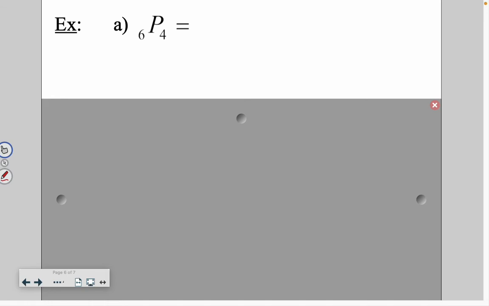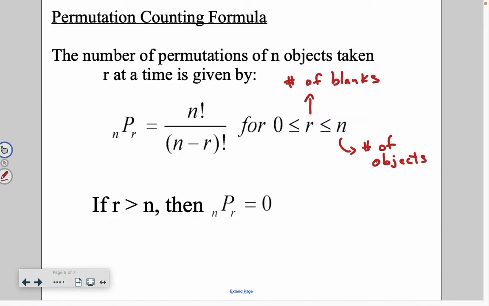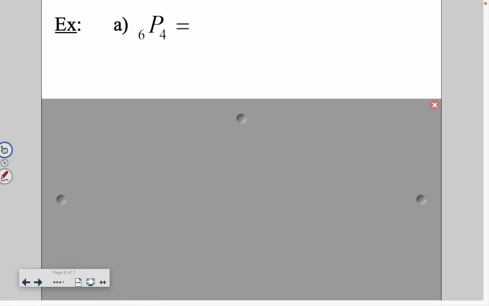According to our definition, the top number is n factorial. So in this problem, we have 6 factorial on top. The bottom is n minus r factorial, the difference between the two. So in this case, we would have 2 factorial on the bottom.